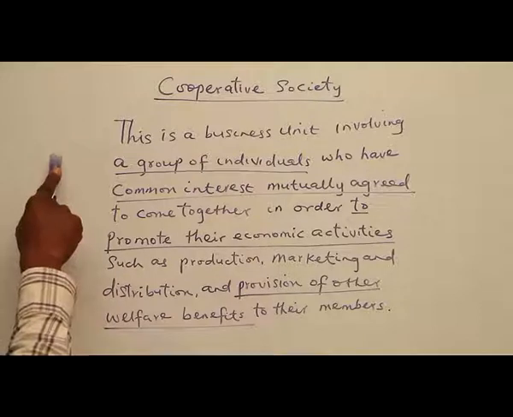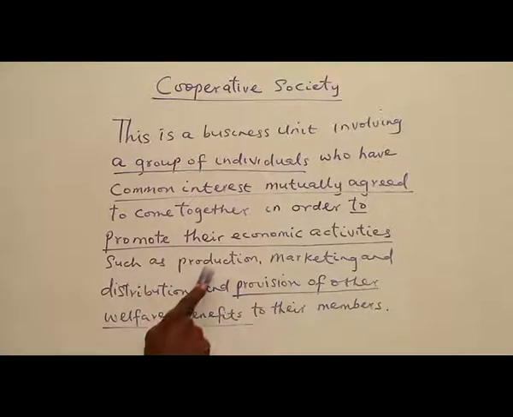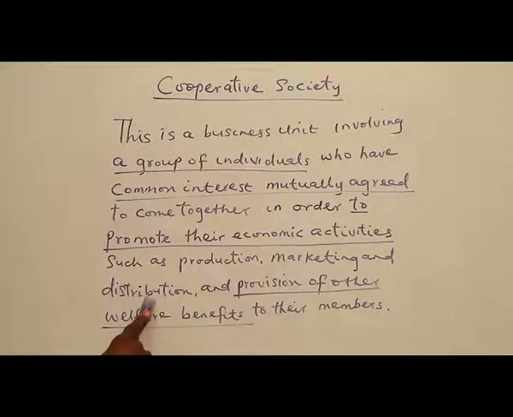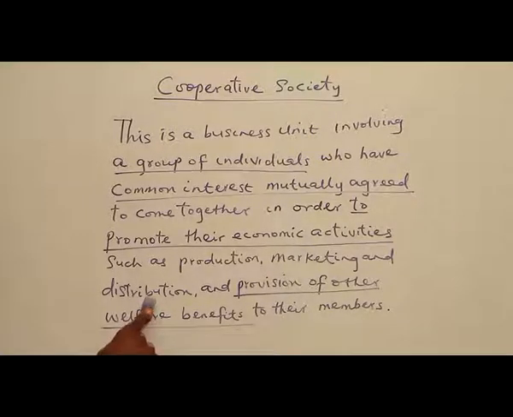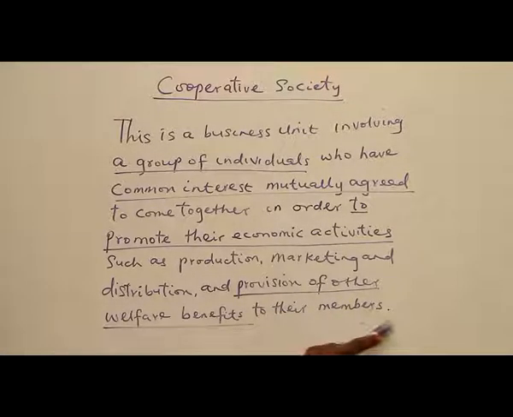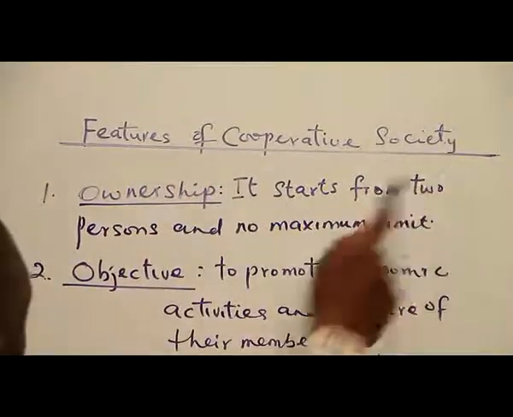That is, they are doing similar activities. Activities can be production, can be marketing, can be distribution. They are not only promoting economic activity, they also want to see that there is provision of other welfare benefits to their members.